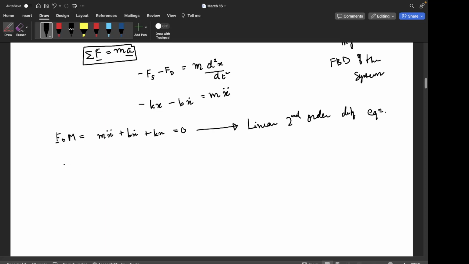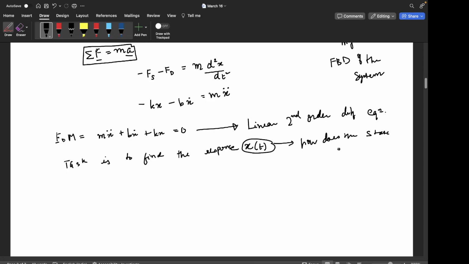Okay, so now our task is to find the response. So the term response means how does the state evolve. State is denoted by the x vector mostly. How does the state evolve?